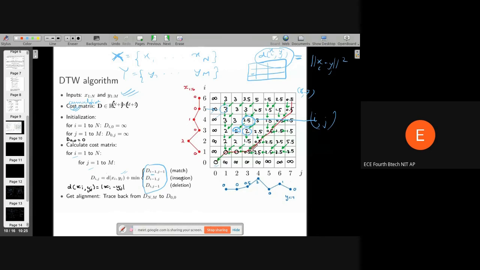And D(i, j-1) will be this. So these are the three parts, and you are selecting the minimum.